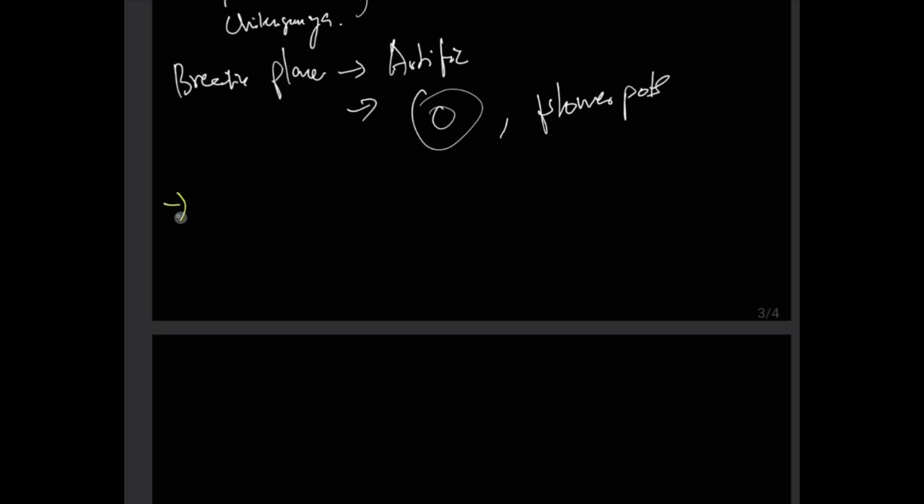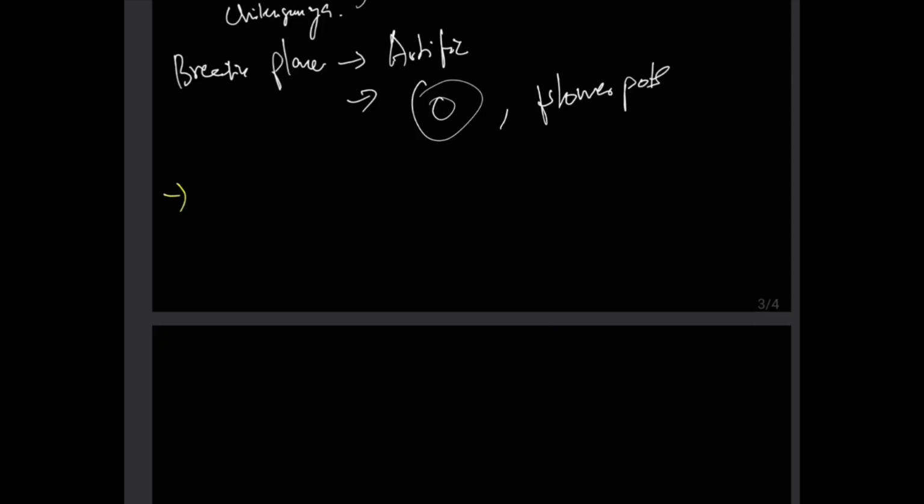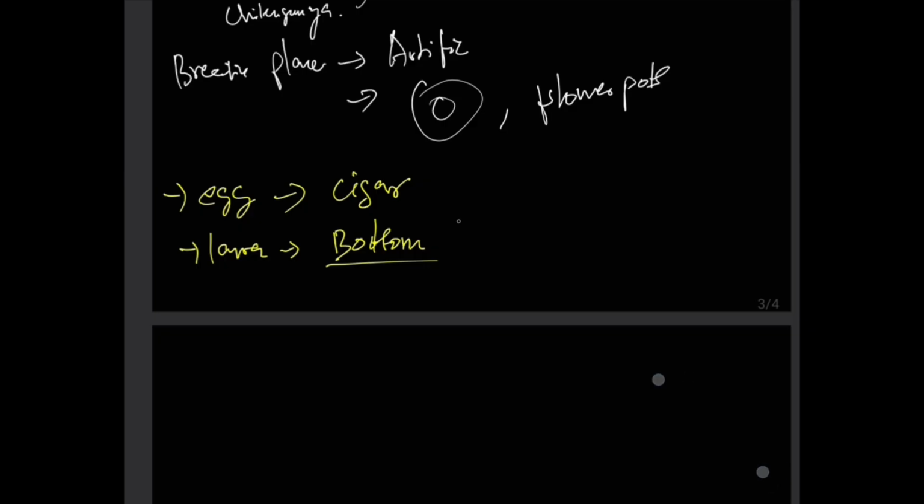We studied in school that every mosquito has this development: egg, larva, pupa, and adult. The egg will be cigar shaped. Larva will be a bottom feeder with a siphon tube. Aedes and Culex have a siphon tube.